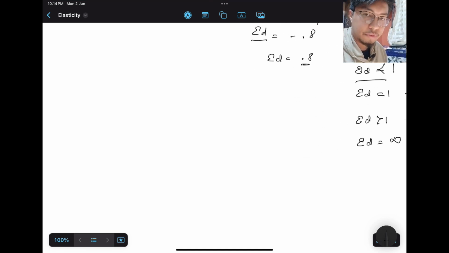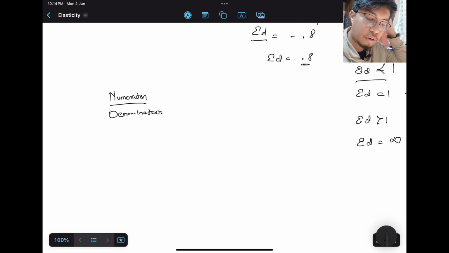Whenever you have a fraction, okay, in a fraction there is a numerator and the one below is called the denominator. Okay, so you have a numerator and a denominator.